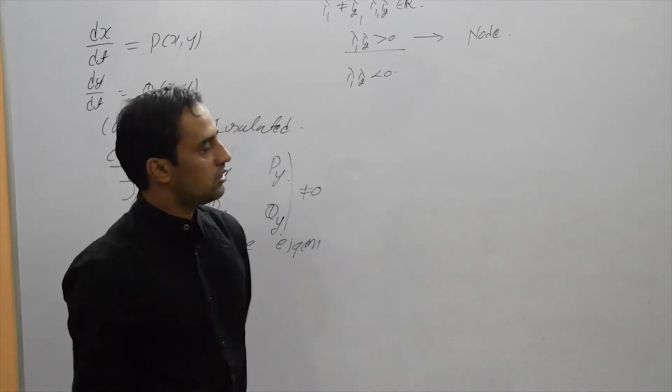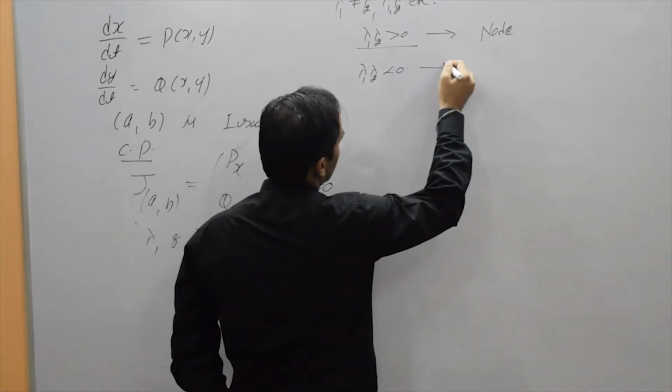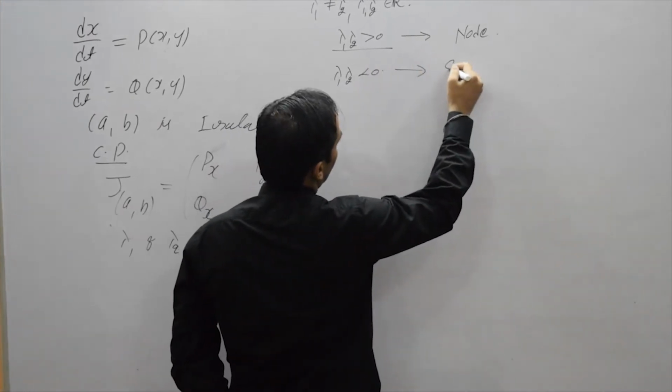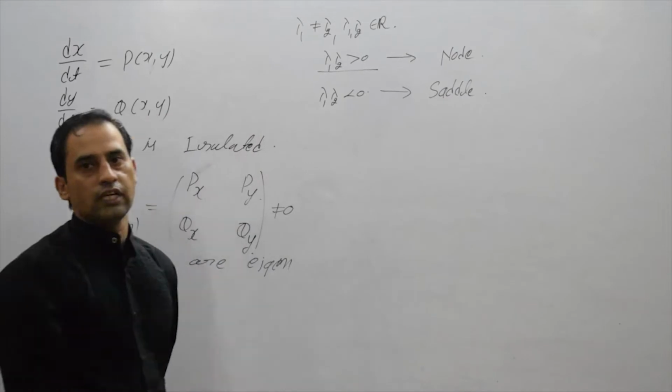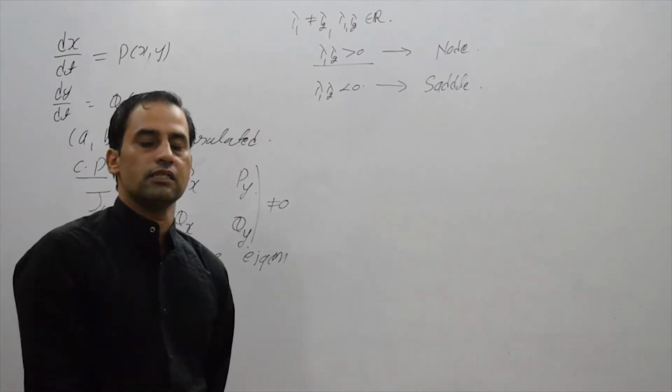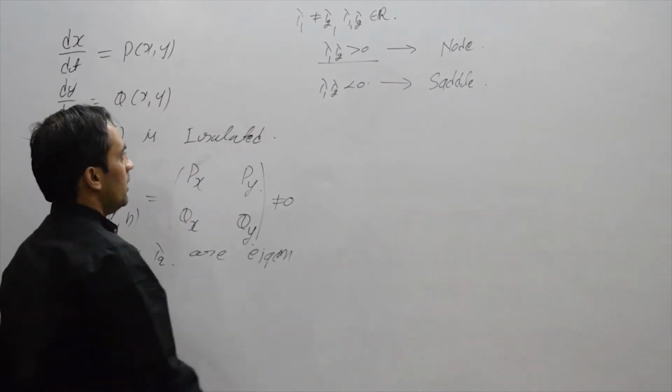There is no difference. In the second case, the critical point is always a saddle point for both the linear and non-linear system.